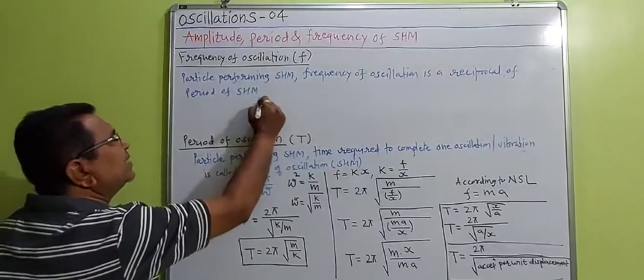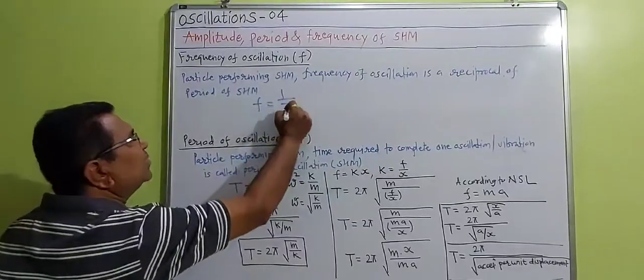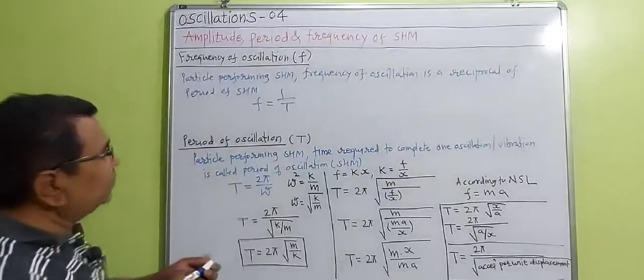Or best, we can say that f is equal to 1 upon capital T. This is the formula of frequency.